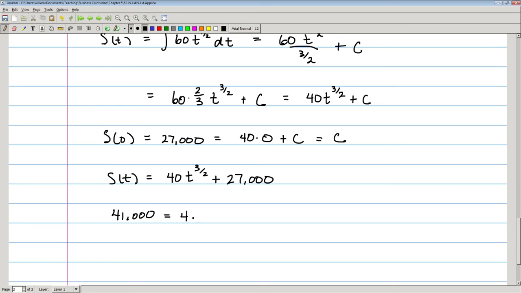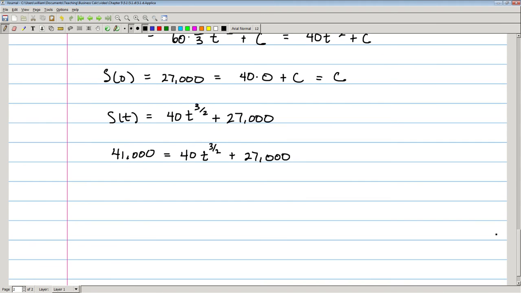And we need to know how many days that's going to require. Well, we can solve an expression like this using algebra. We'll subtract 27,000 from both sides. 41 minus 27 is 14 thousand. And this will be 40 t to the 3/2 power.